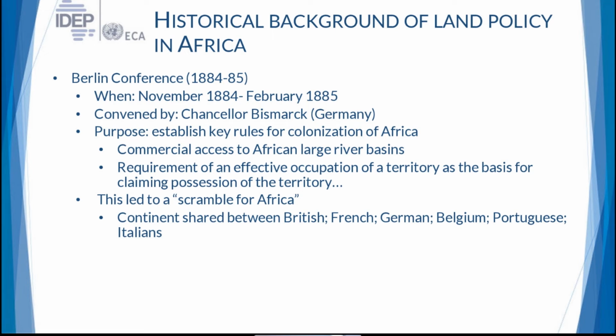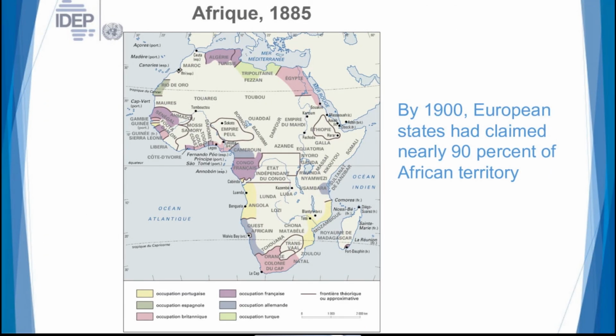But most important is to understand that the biggest colonial powers, those who conquered the most territories, are the British and the French. By the end of 1900, the European states had claimed nearly 90% of African territory.